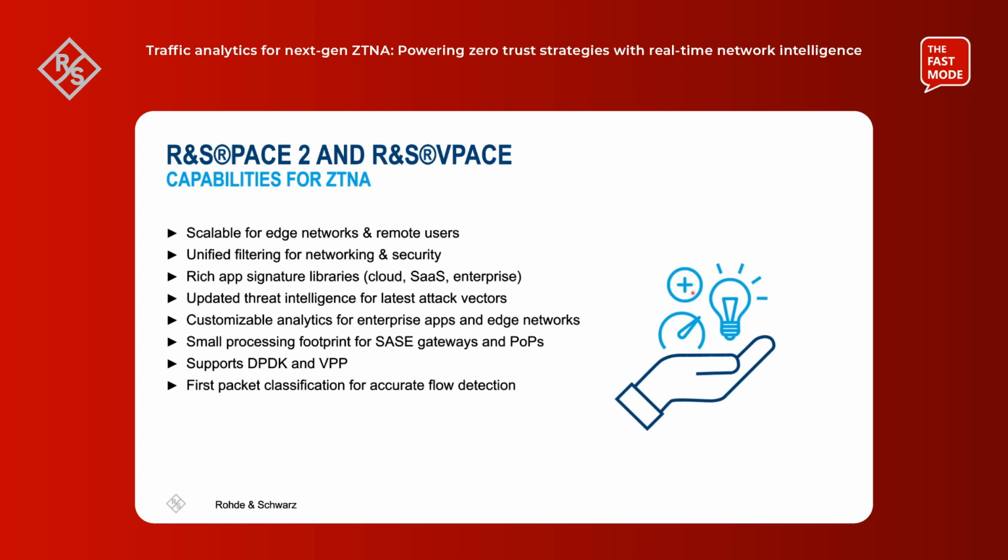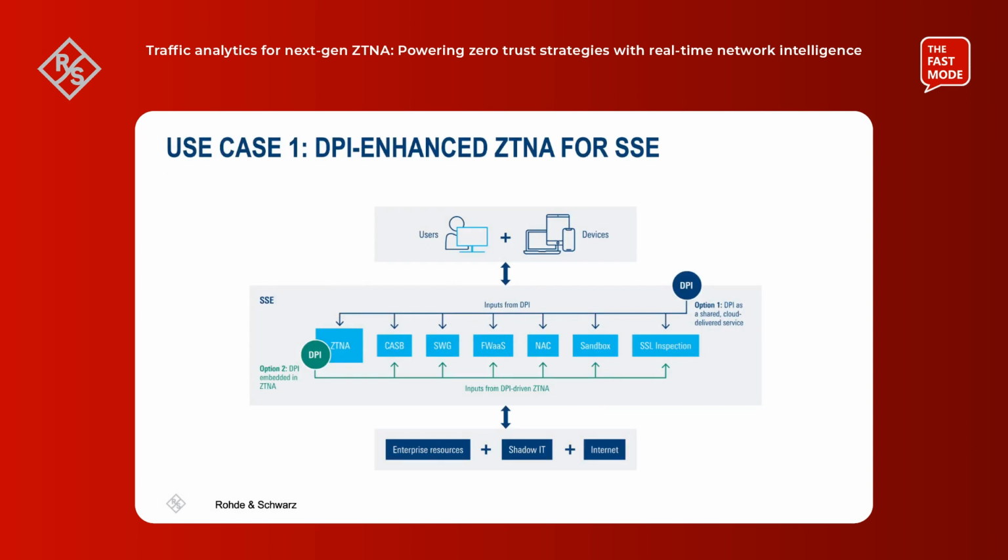Let us now dive right into two typical use cases for DPI-enhanced ZTNA, starting with SSE, Security Service Edge. SSE comprises a set of cloud-based access control and security services.